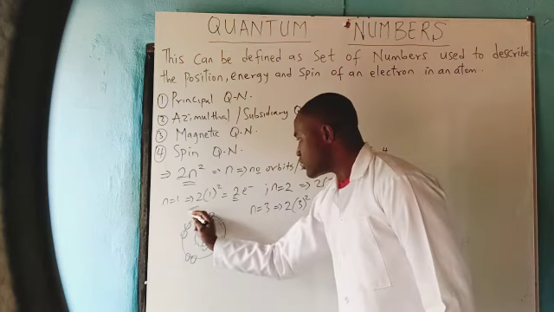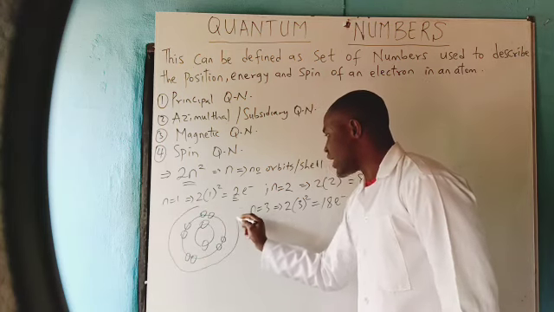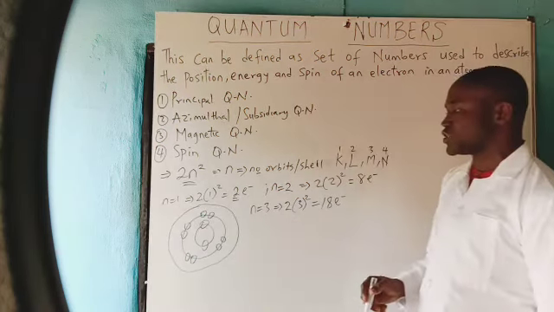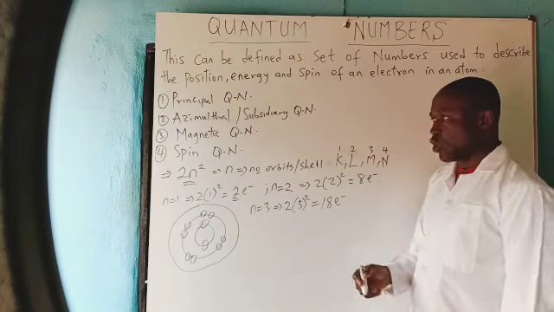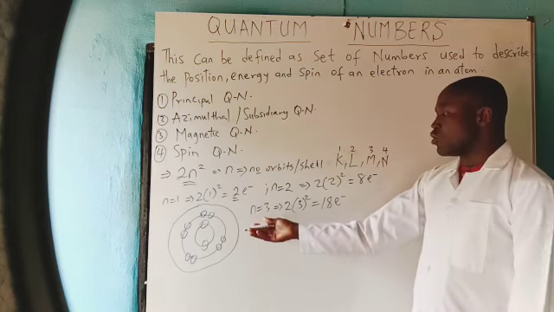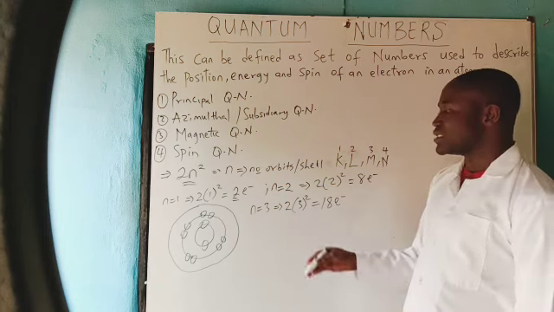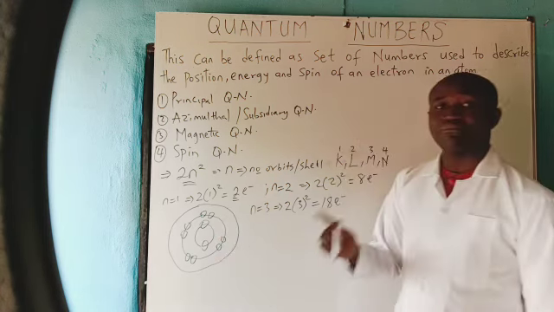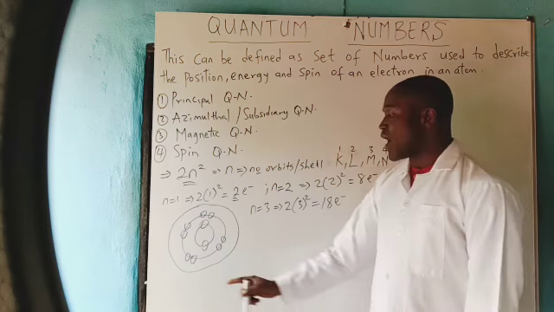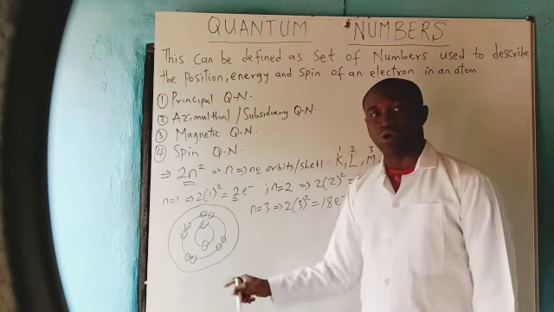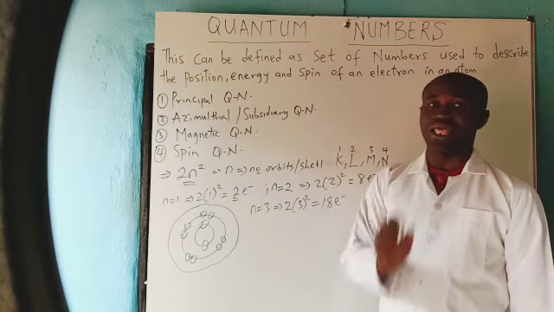Now, are we going to assign 18 electrons in the third shell? That is the question. No is the answer. The rule of this way of sketching it says that the first shell will have a maximum of 2 electrons, whereas the subsequent shell will have a maximum of 8 electrons.